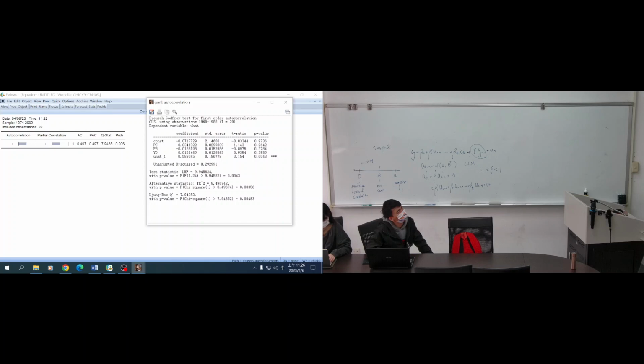Maybe you do the Ljung-Box. How about the upper two? I think the upper two are pretty popular in business school. But the third one is also popularly used in business school.